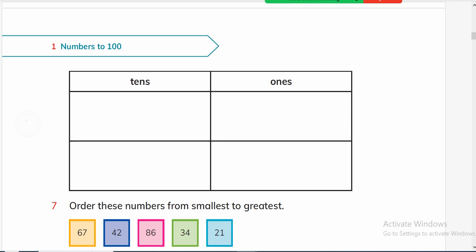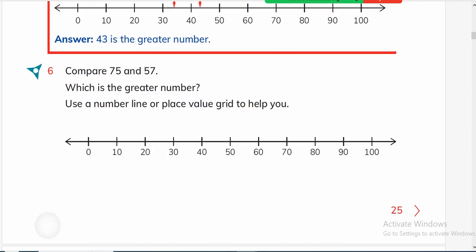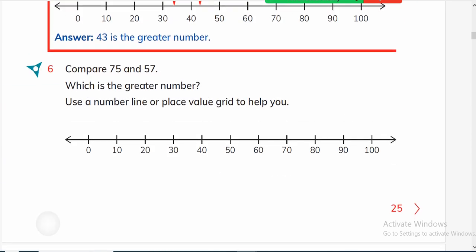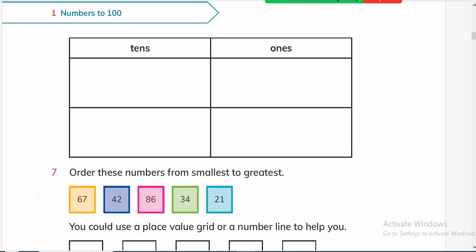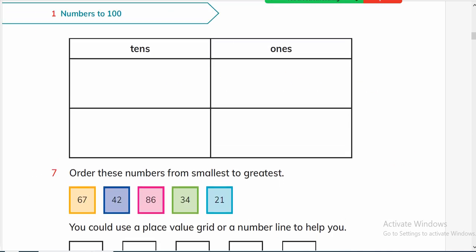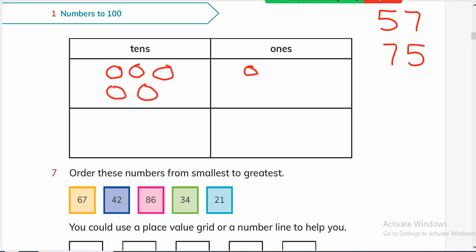What to do in it? Tens and ones. Okay, for question number 6, we will write tens and ones like this. 57 and 75. First we will write 57: 1, 2, 3, 4, 5, then 1, 2, 3, 4, 5, 6, 7.